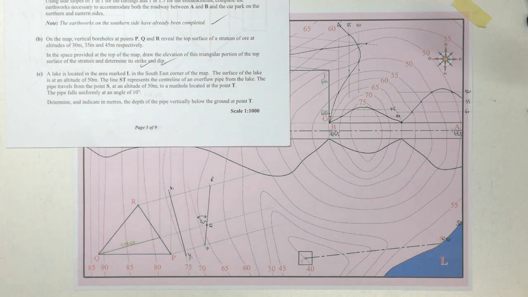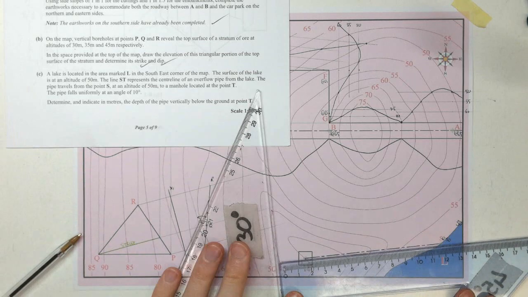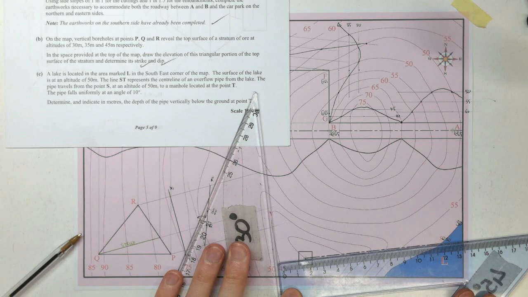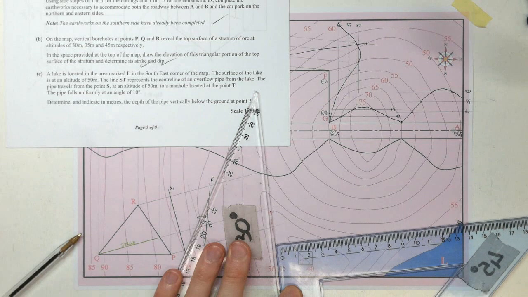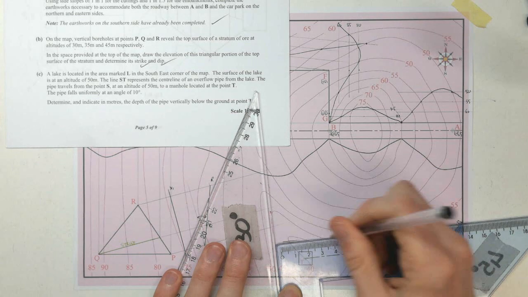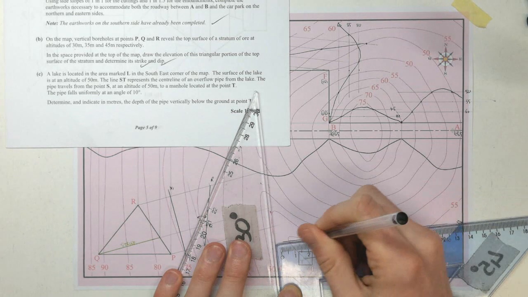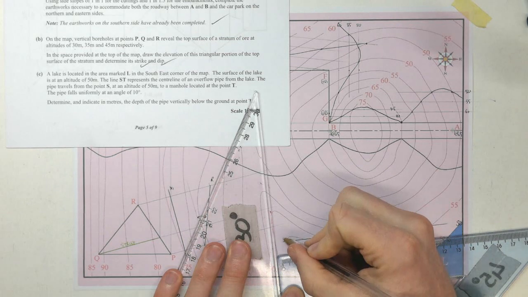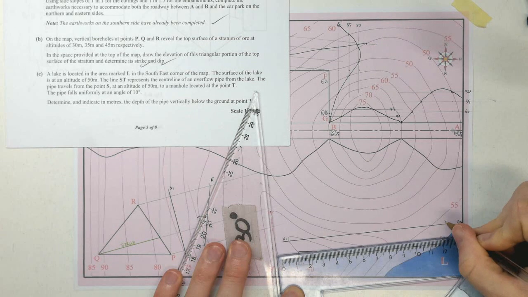Okay, so we need to create an auxiliary view of all of that looking perpendicular to the pipe. So out here, perpendicular to the pipe. Here's my X1, Y1.